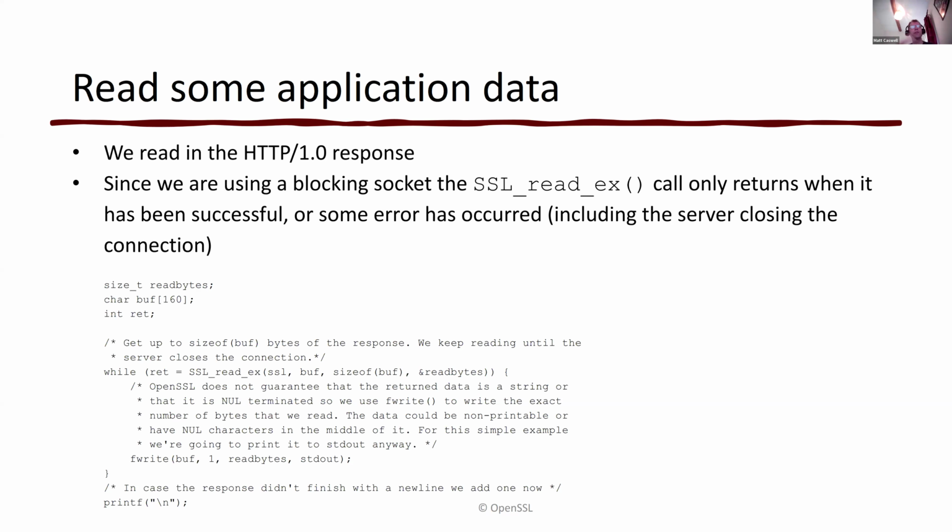So we're just going to sit here in a loop reading that data, and in this case, I'm just writing it to standard out until we've got no more data. Then we break out of the loop. Some error occurred, which could just be the normal server closing the connection, or it could be some other error. But once that happens, we break out of the loop and we've finished receiving application data.